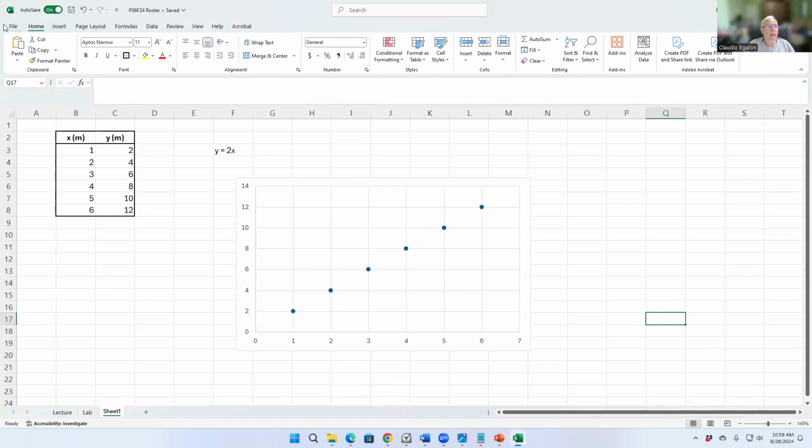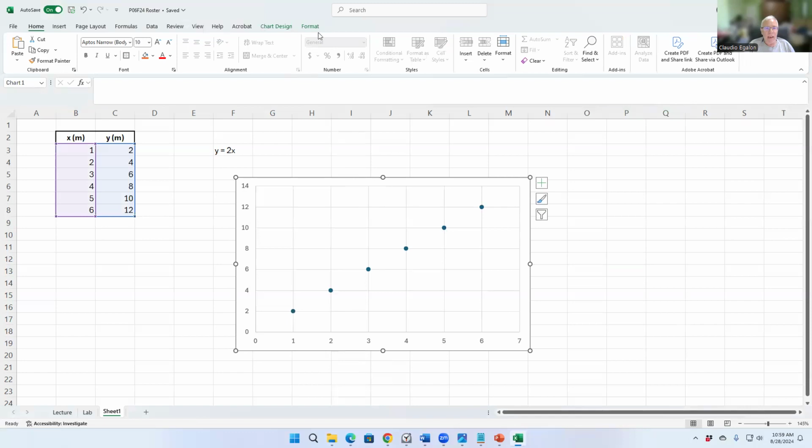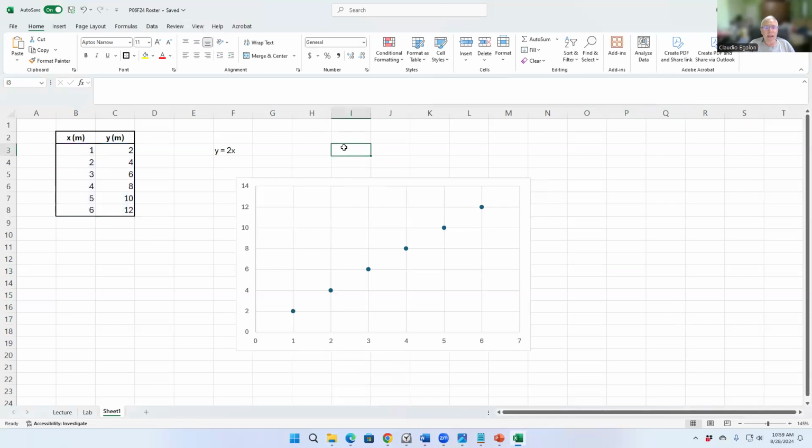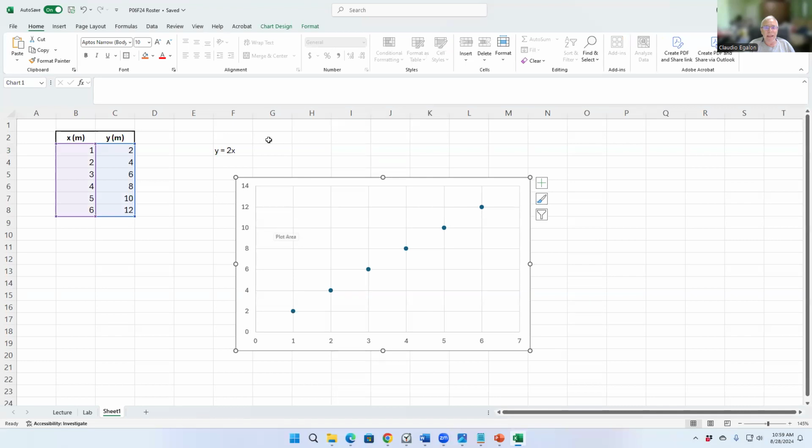Look here at the top. When I highlight this graph, I have these two other choices appear here at the top, right? If I unclick the graph, those two other choices disappear. Click it again, and they reappear.